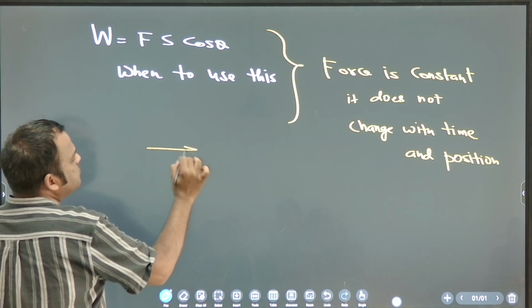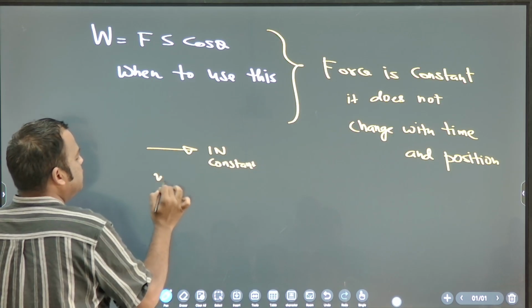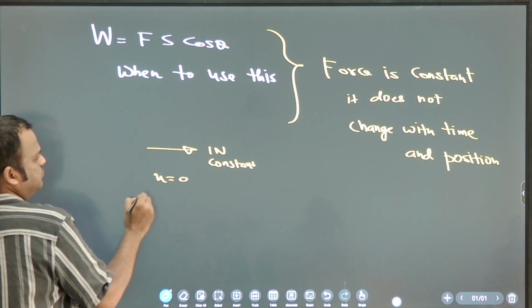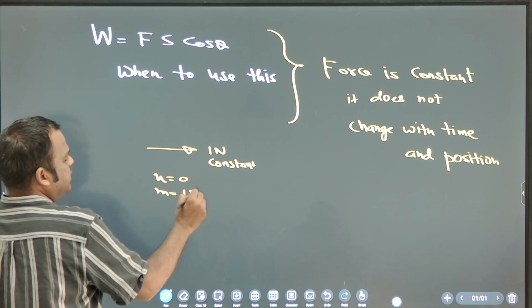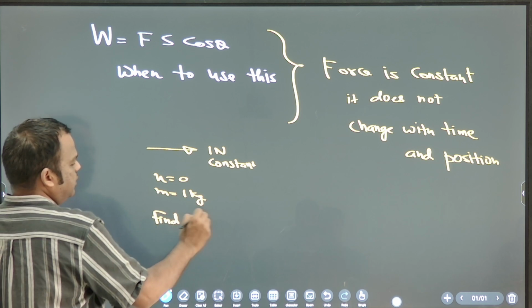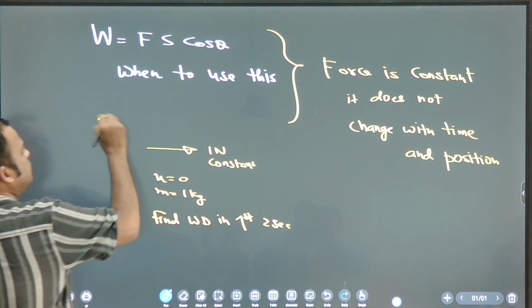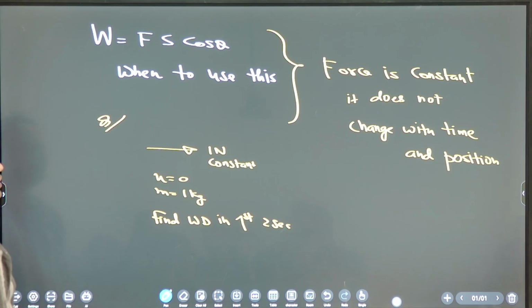Suppose force is 1 Newton, constant. Initial velocity 0. Mass is 1 kg. I am asking, find work done in first 2 seconds. How to calculate?